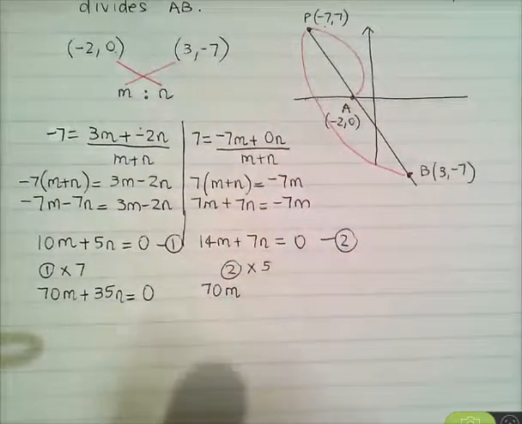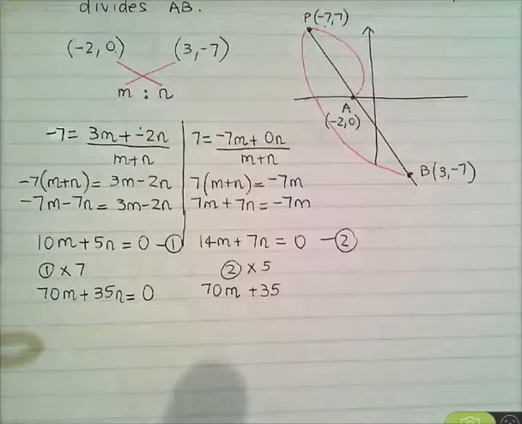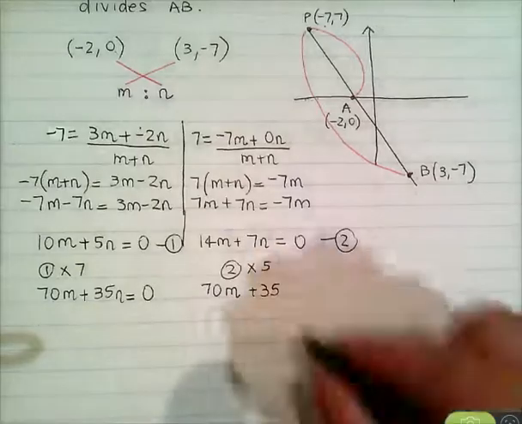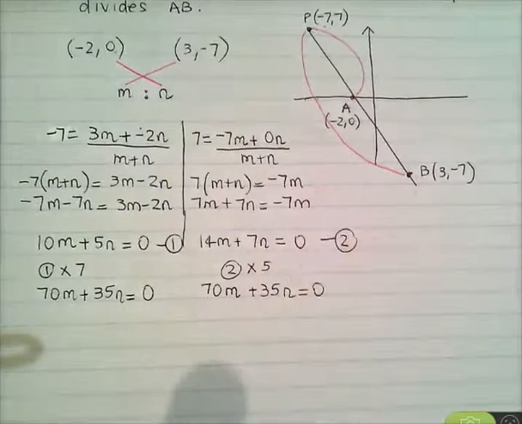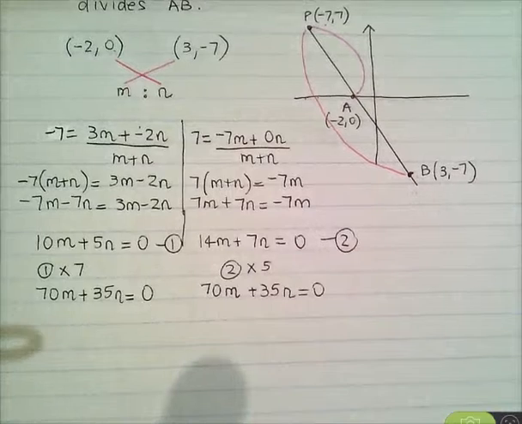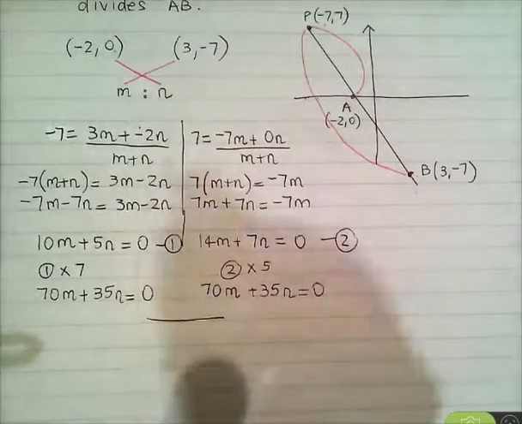Wait a sec, I'll just double check that. Okay, so I do get 70m plus 35n equals 0. Now, I've actually ended up with two same equations, so that doesn't seem like it's going to work. I can't work with that, so I'm just going to abandon that for a minute.